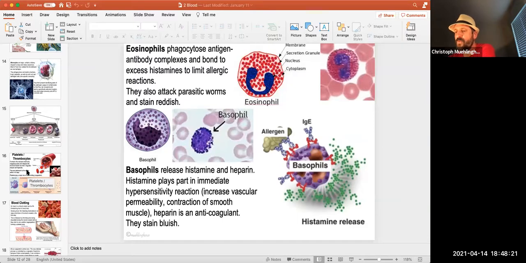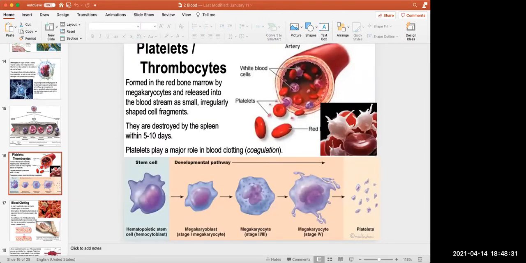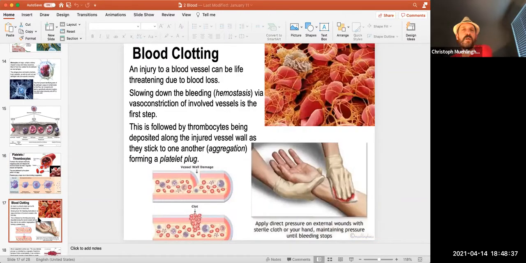Cool. So those are the white blood cells, and then we have this brief discussion about platelets, which we already kind of did talk about. In the platelet discussion, what I'm really concerned about is what they are used for, and that's blood clotting. So when we look at blood clotting, we need to look step by step at what's happening.